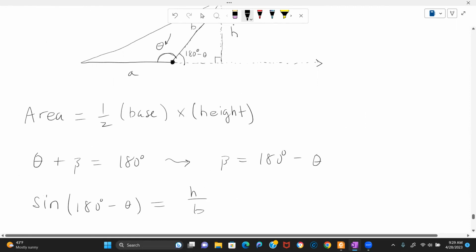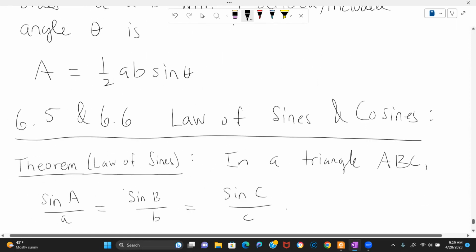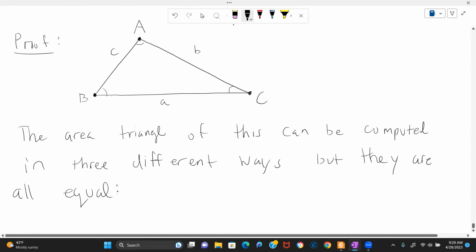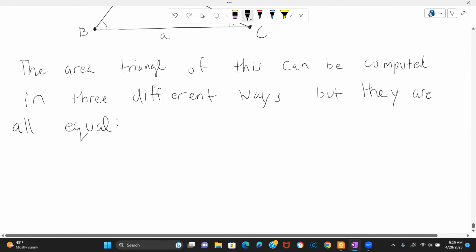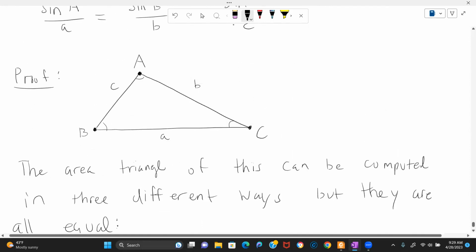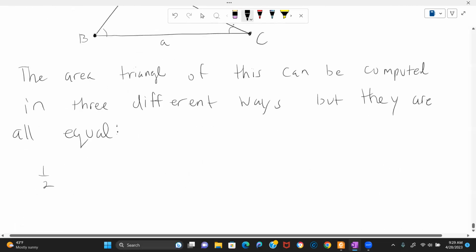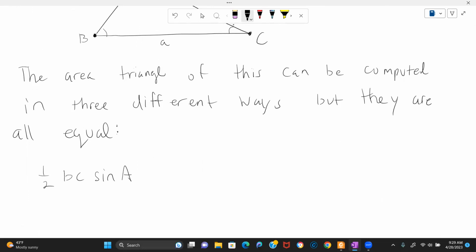And then you use the sides that form that angle, right? So on the one hand, if I start at A, then I know that the area should be 1/2 B times C, because these two sides form the angle A. So B times C and then sine of A. And we're using A in this case, not theta.